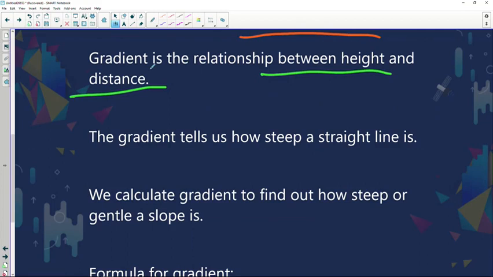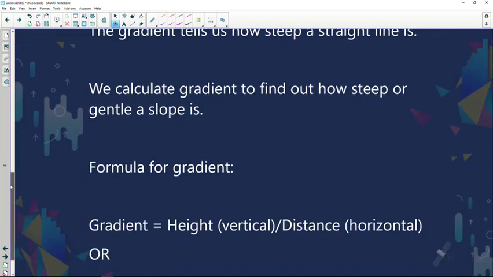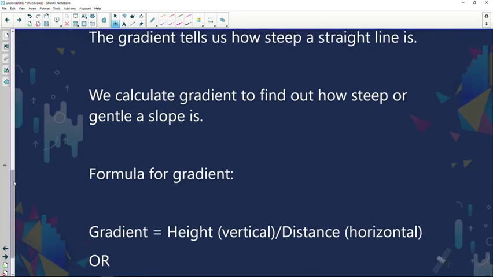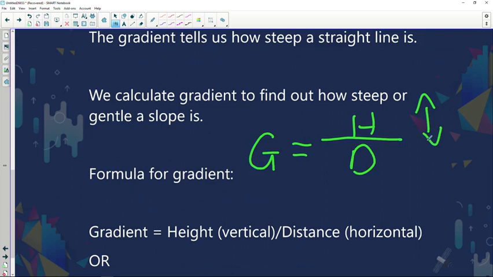The gradient basically tells us how steep it is in a straight line from one area to another area. If you look at the formula of gradient, very importantly, gradient equals the height difference over the distance. The height is the vertical movement from one point to another point, and the distance is between the two areas.